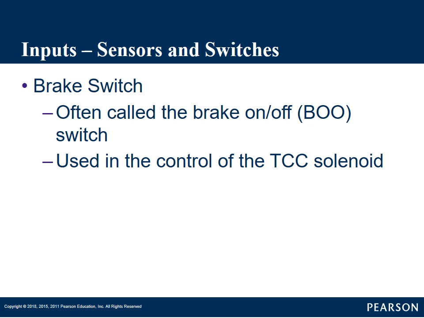There were some older transmissions. GM had one called a 125C. That was a 3-speed transaxle that had a bad problem with its torque converter solenoid sticking, and you'd come to a stop and it'd kill the vehicle.